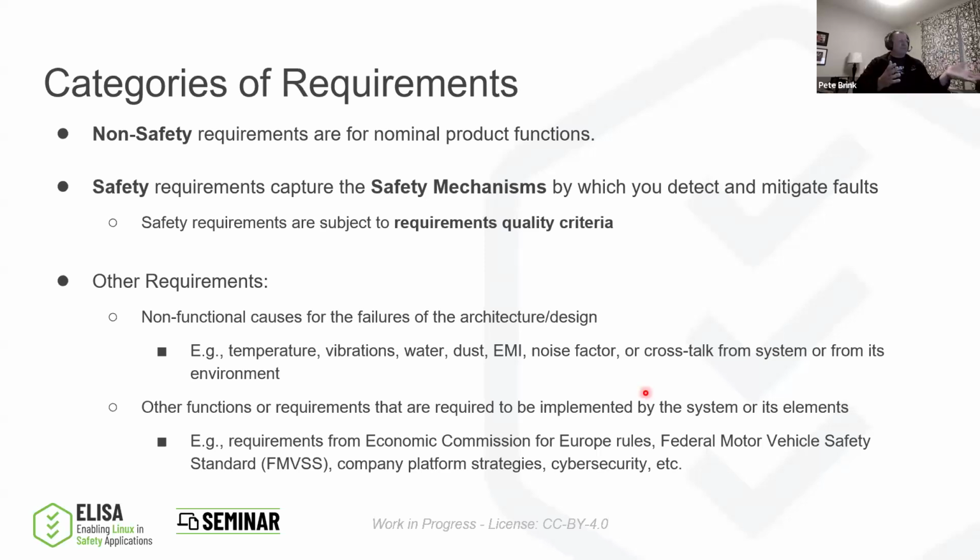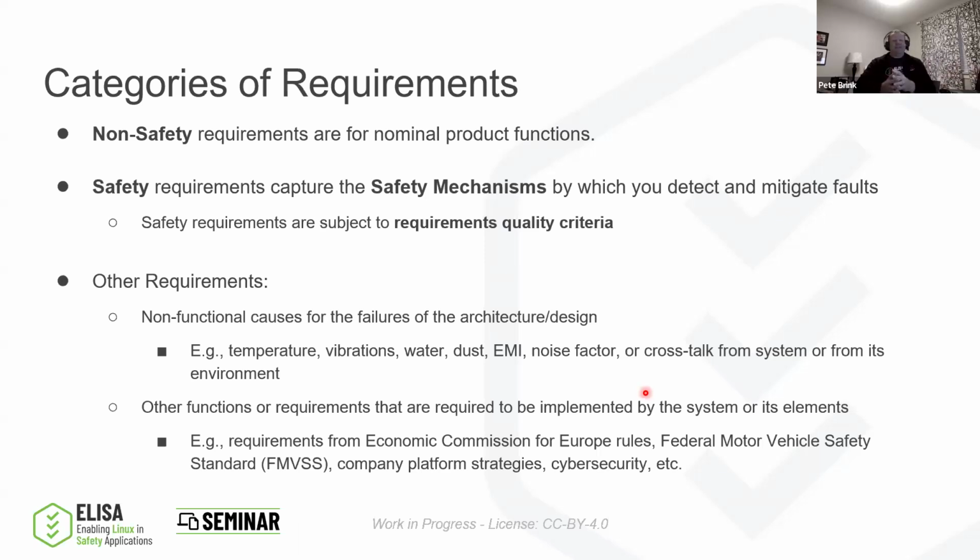There are different types, and I think I've covered most of these already. We have non-functional and functional requirements, but we can also have constraints associated with regulations that we need to conform to. In Europe, there's the new UN ECE R155 and R156, which are for security and software updates.